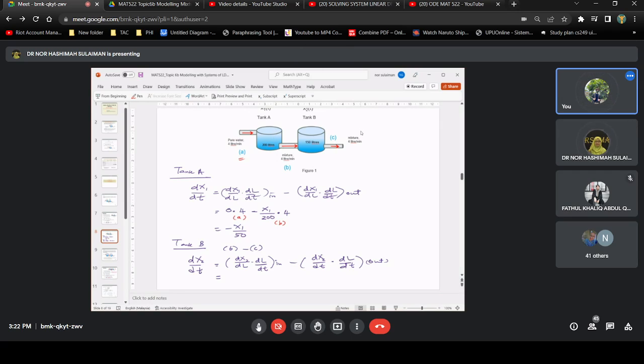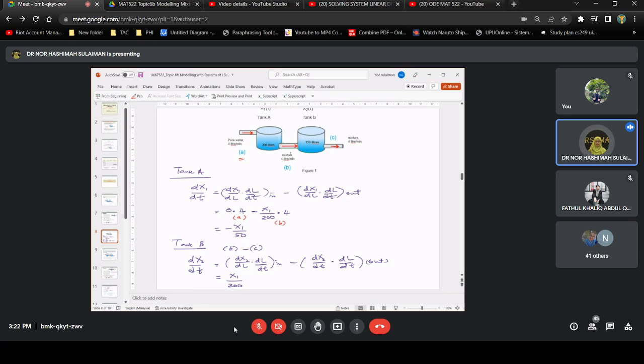Dia adalah amount of salt in tank A, which is X1, divided by what? 200 kan? Yang ini adalah rate dia. Yang ini adalah yang berlaku dekat tank A. Habis cerita. So sekarang kita tengok dekat B.